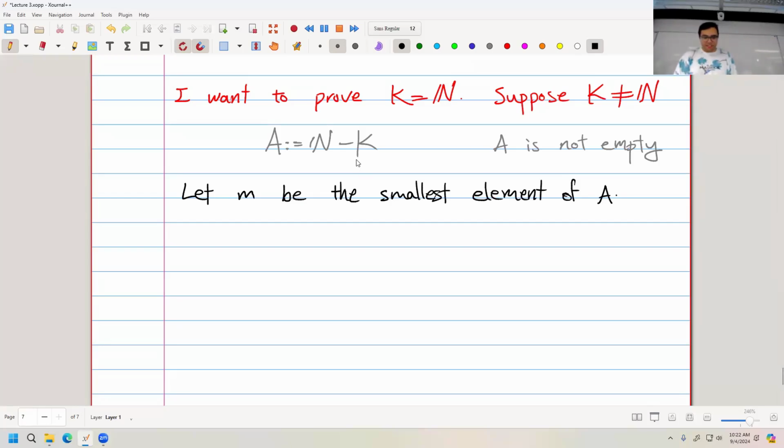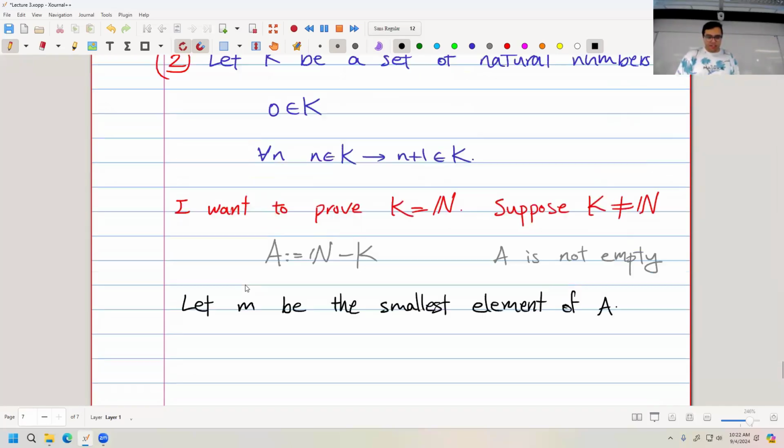Okay. So look, this M, it's definitely not 0 because 0 is in K. Right? So this M is a number where M minus 1 exists. Or if I want to use the language of Peano, M is the successor of some other number. Let's call that other number T. Okay?